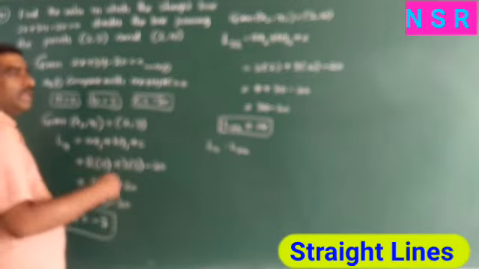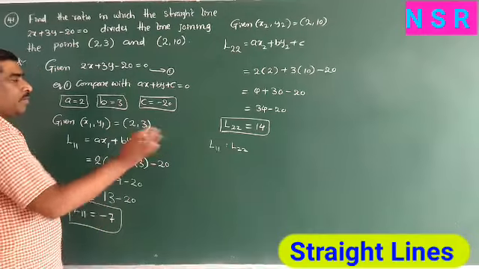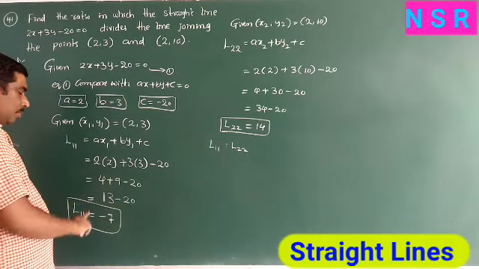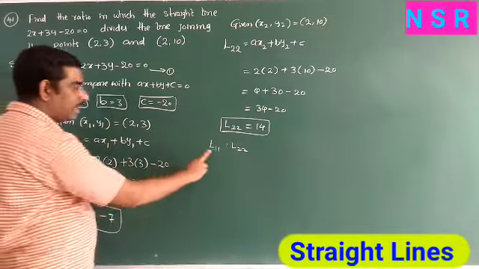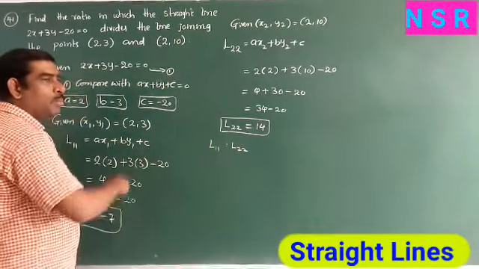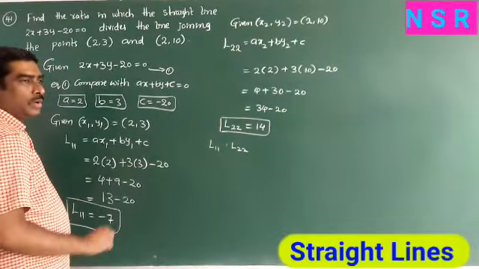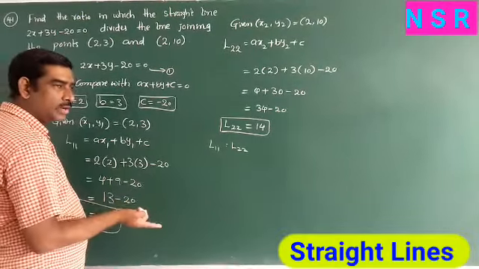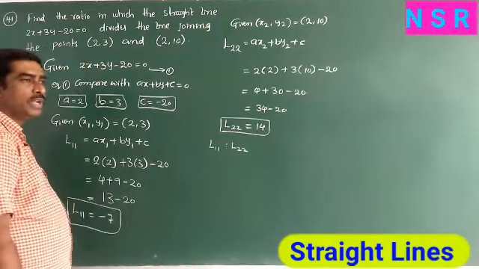If both have minus, write L11 is to L22. If both L11 and L22 have the same sign, write the ratio L11 is to L22.